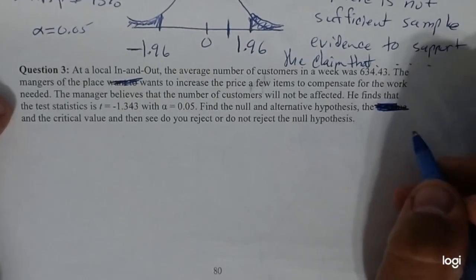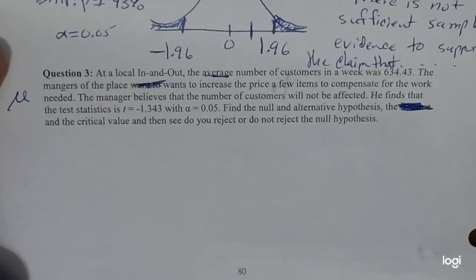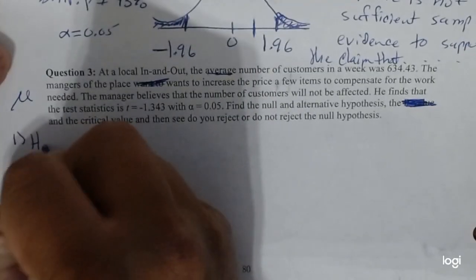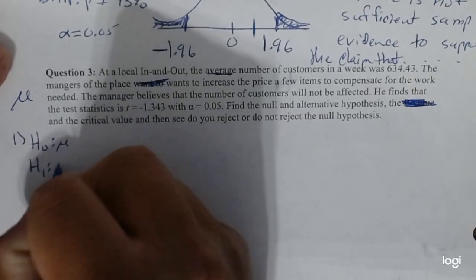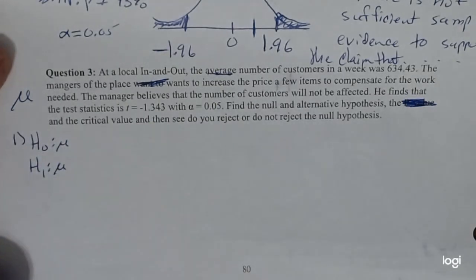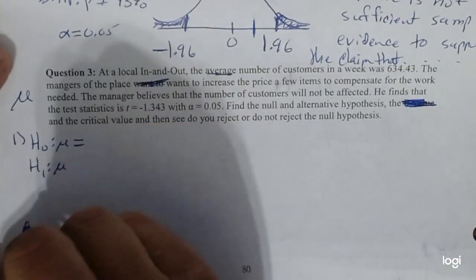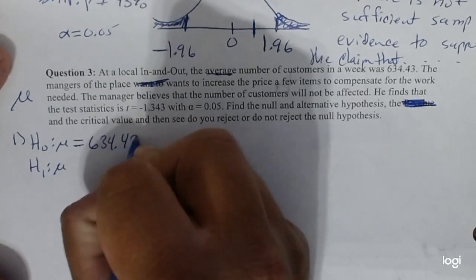Okay, now this time, since this is average, we're talking about the mean. So that's our preparation. First off, find the null and alternative hypothesis. We're assuming it's going to be the same, so we're still assuming the average customers are going to be 634.43.